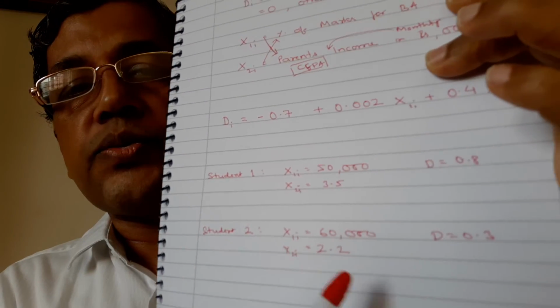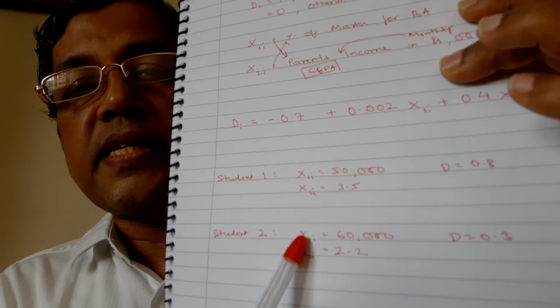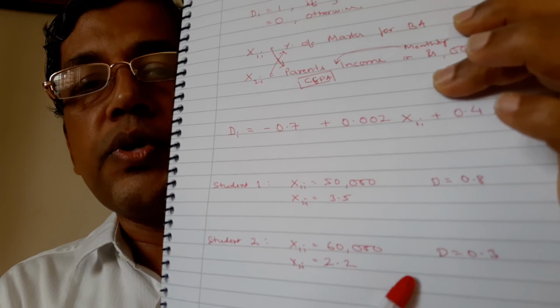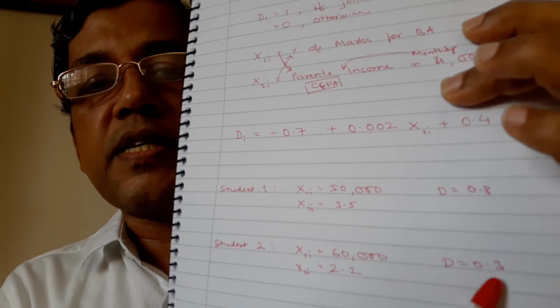Whereas for student 2, with parents' income of 60,000 and CGPA score of 2.2, the probability is estimated to be 0.3. Okay, so using these simple models, we can roughly guess whether a student is getting admitted to higher education, like for the MA Economics course, or not.